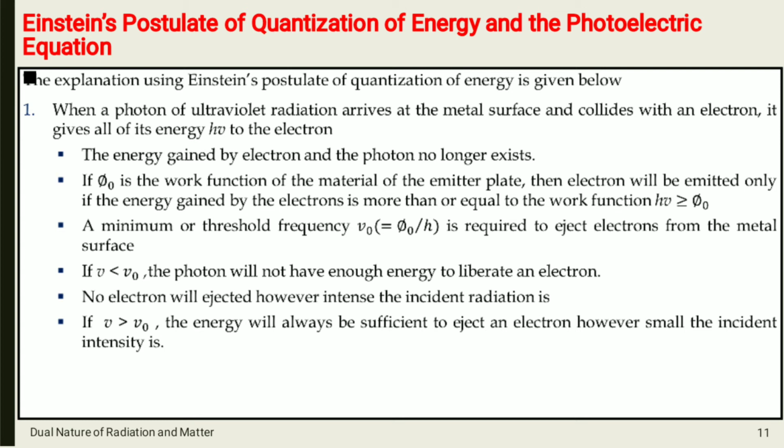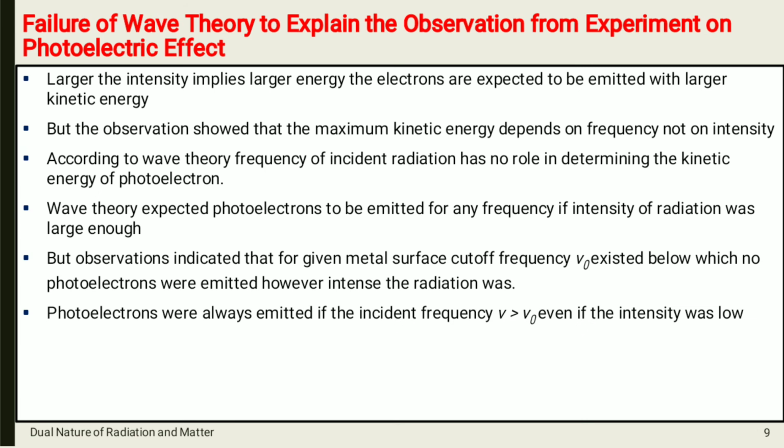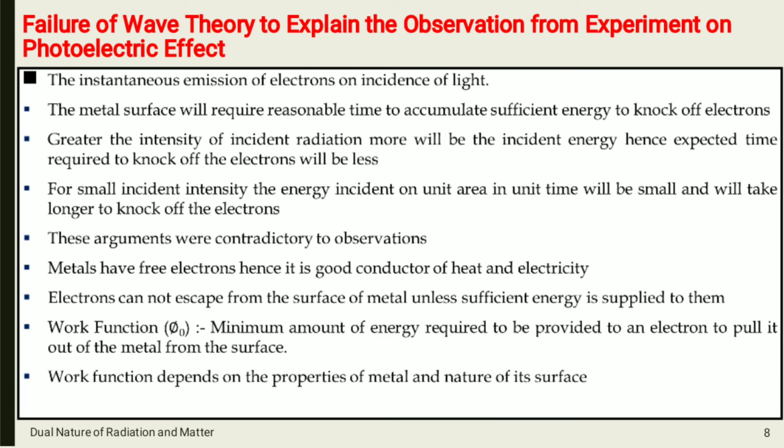If phi 0 is the work function of the material of the emitter plate, then the electron will be emitted only if the energy gained by the electron is more than or equal to the work function. As we have discussed before, work function is the minimum amount of energy required to be provided to an electron to pull it out of the metal surface.